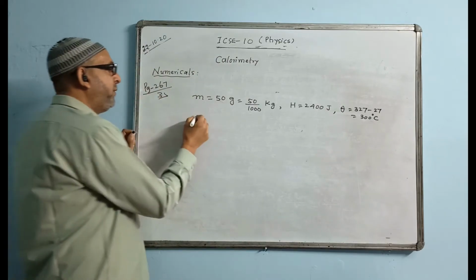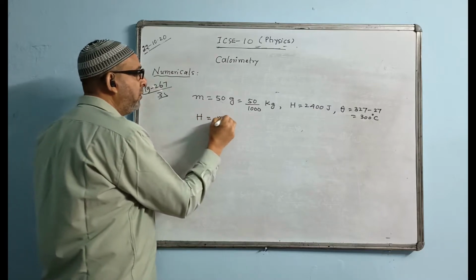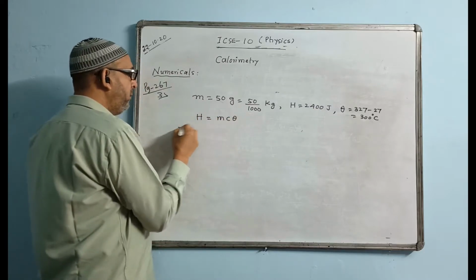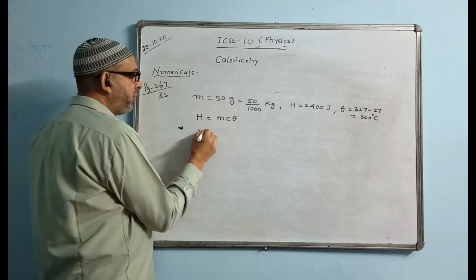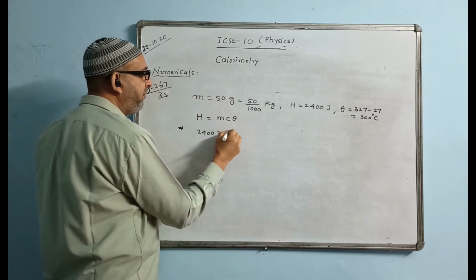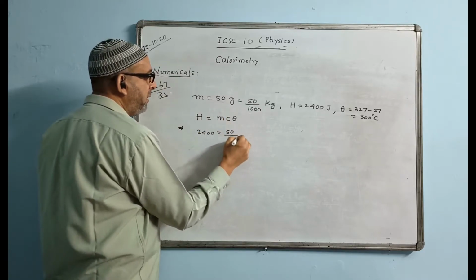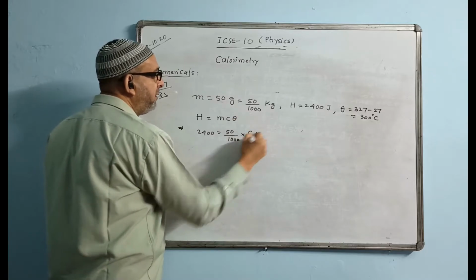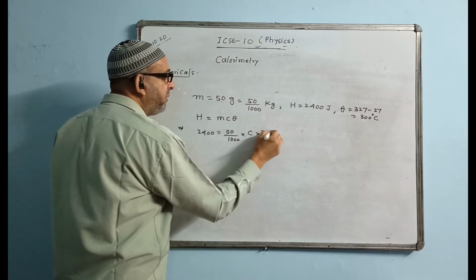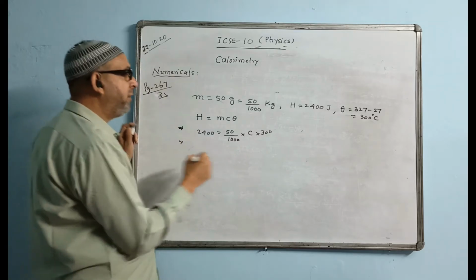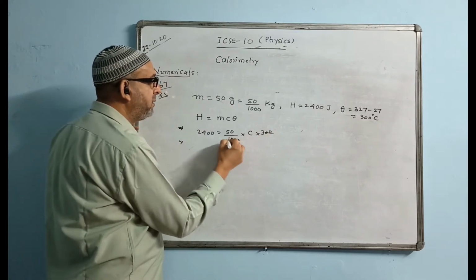Okay. Now we are using the formula H is equal to mc theta. Heat value is 2400. Mass is 50 by 1000, SI unit. C we have to find. Theta value is 300. Now we are calculating the answer. 20 will cancel, 0 will go.